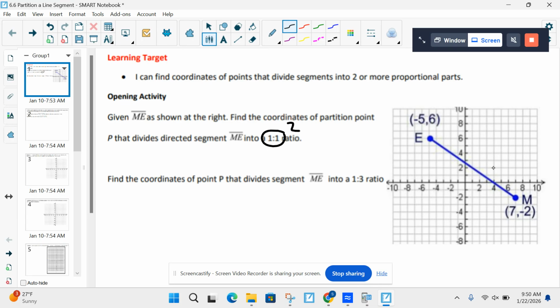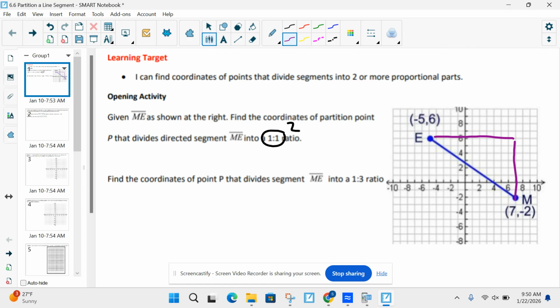So if I draw a line segment up and over, I'm trying to find the point that is halfway in both directions. That's what we do when we're finding the midpoint, is we're finding what is halfway. And for this, it's like an average. So from M to E going up, we start at -2 and we go up to 6.